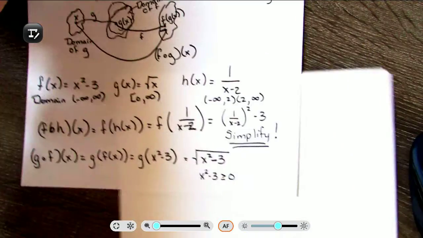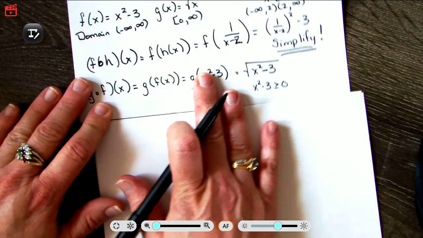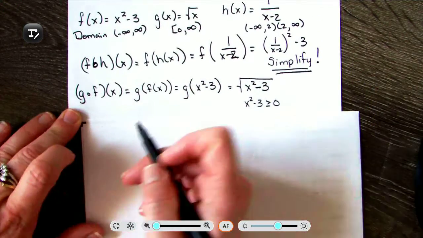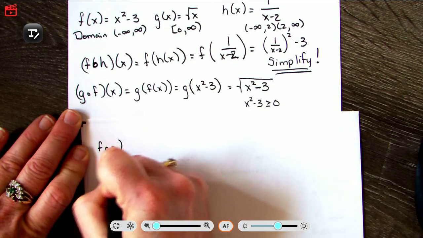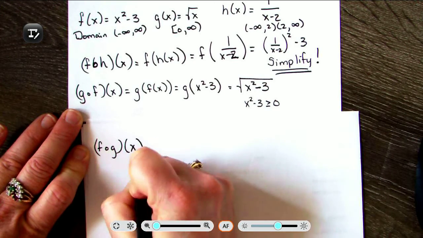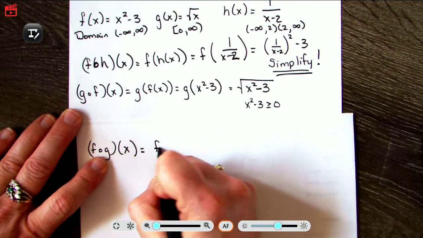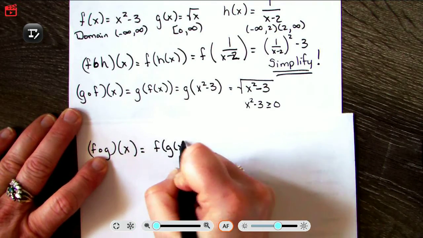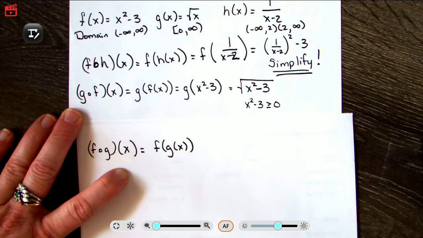Okay, let's do a couple more. Let's see here. Keep my f, g, and h there so I can see them. Let's do f of g. So again, I need to do f of g of x, and I like to write it this way. For me, it tells me which one's going into the other one.